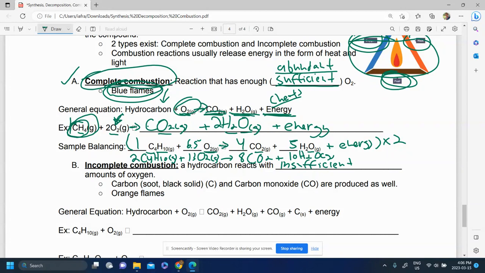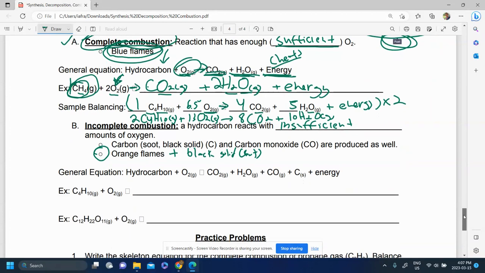And a visual that shows you have that incomplete combustion happening is you have orange flames, and sometimes you also see this black powder or solid that forms called soot, which is not produced in complete combustions, only in incomplete combustions.